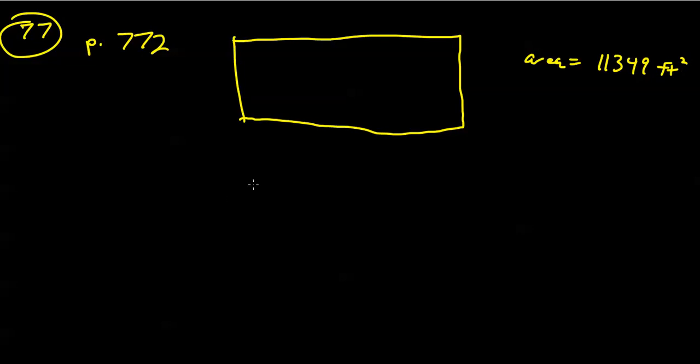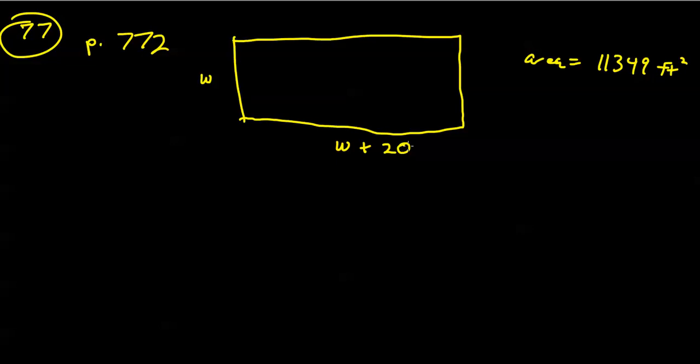We are also told that the screen is 20 feet longer than it is wide. I'm going to call this the width, and I'm going to call this the length, and we are told the length is 20 feet longer than the width. I think you see where we're headed here.